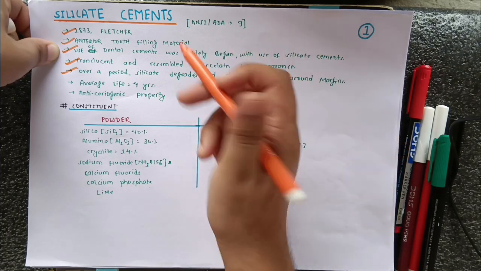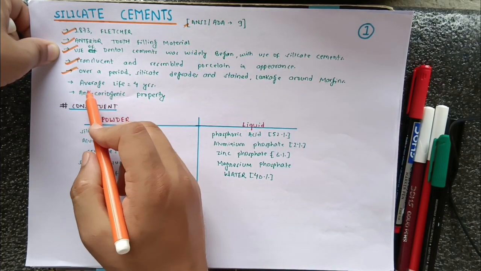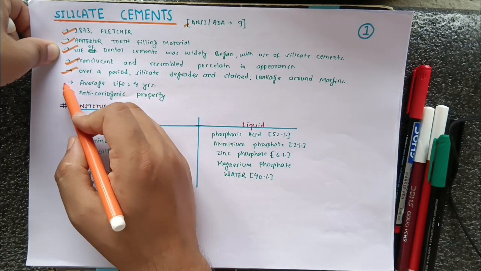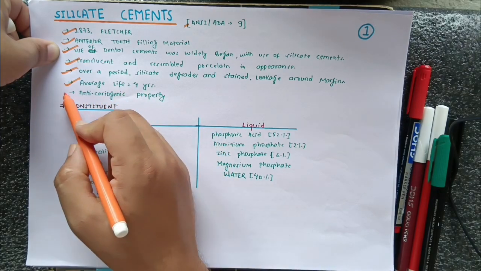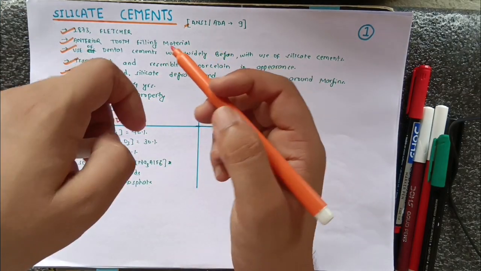You should remember these points. The average life of silicate cement is 4 years, and it has an anticariogenic property, meaning it releases fluoride.